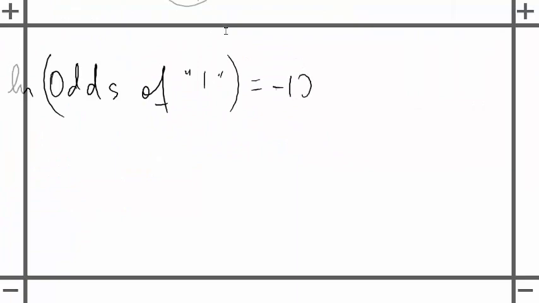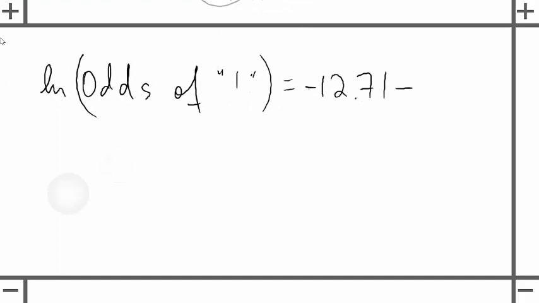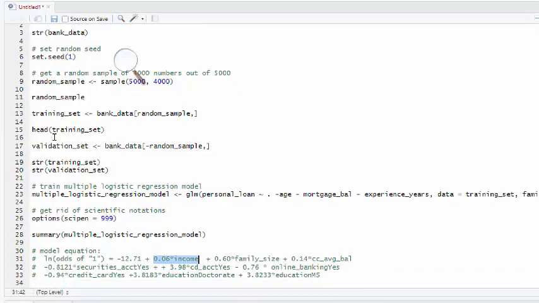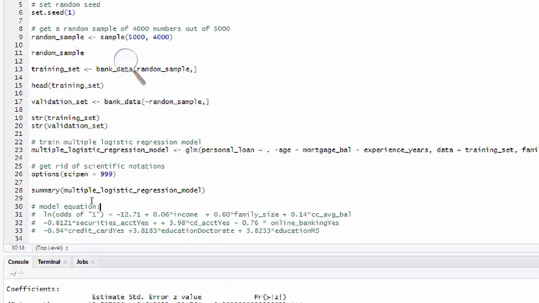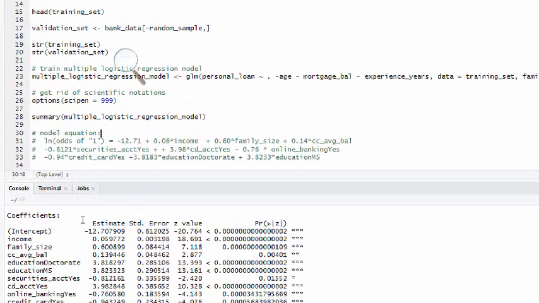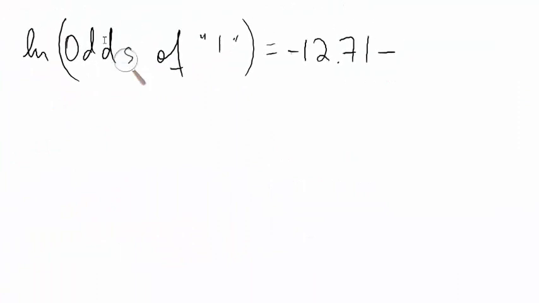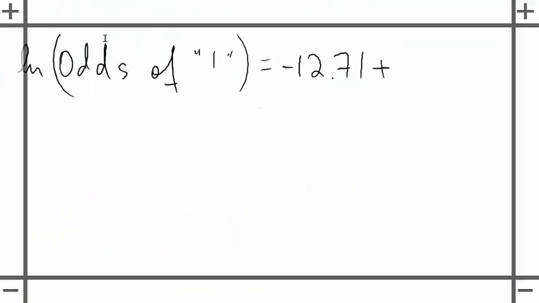Plus 0.0597 times income, plus the rest of them.